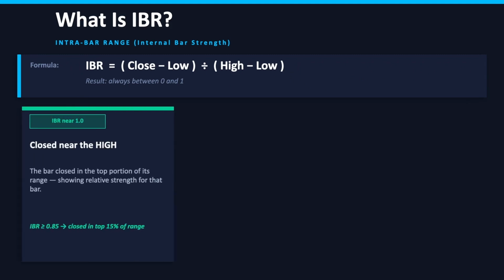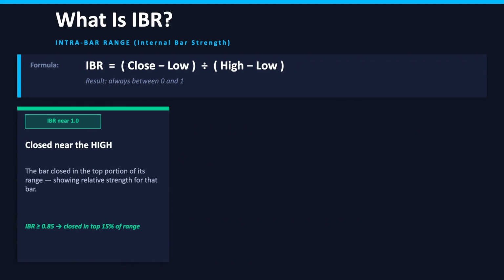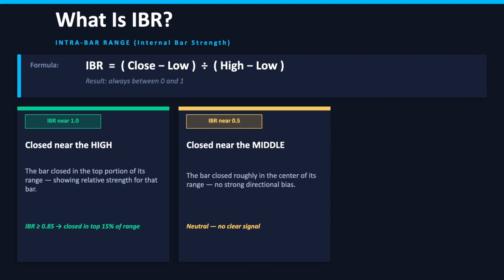And the way to think about this is, if the value is near 1, then the close is actually at the upper range of the bar. So the close is near the high. Likewise, if the IBR value is in the middle, the bar is closed in a neutral position.